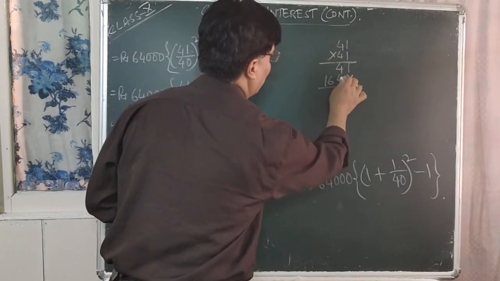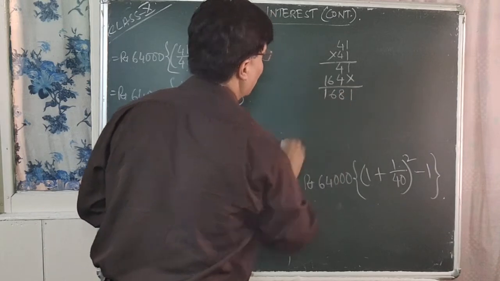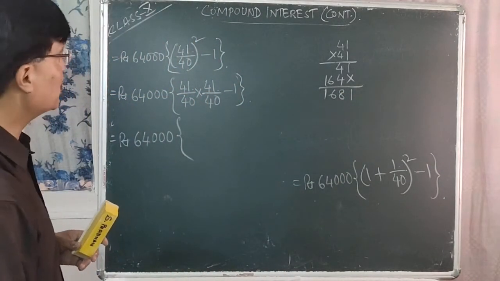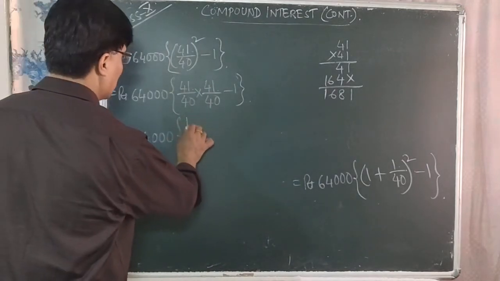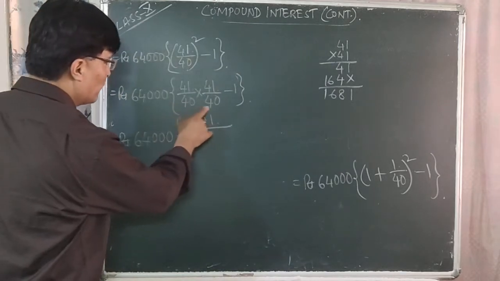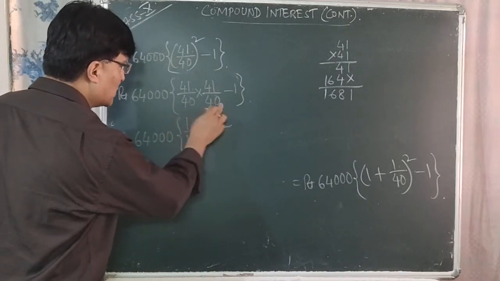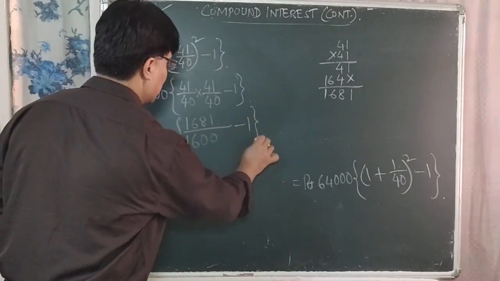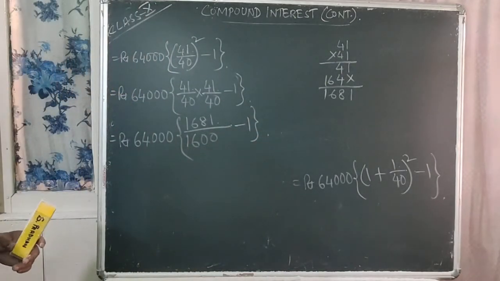So it is 1, 4 plus 4, 8, 6, 1. Is that clear? 1681. So it is 1681 divided by, this is 4 fours are 16, and write down these two zeros after 16. Then you have to write minus 1. Is it clear?